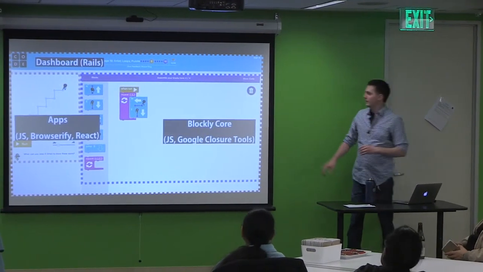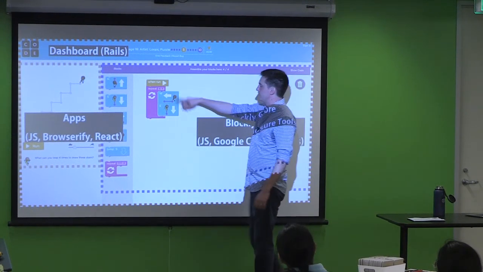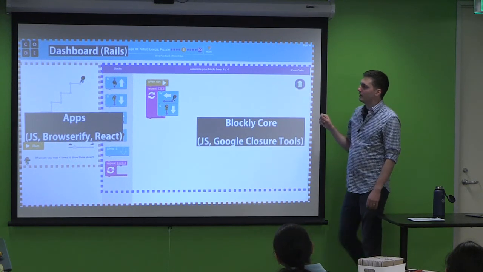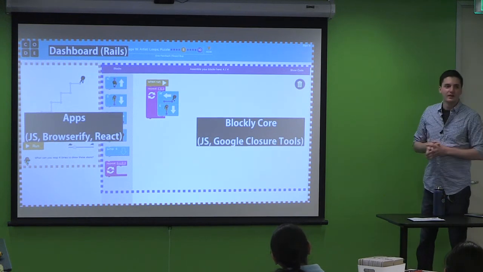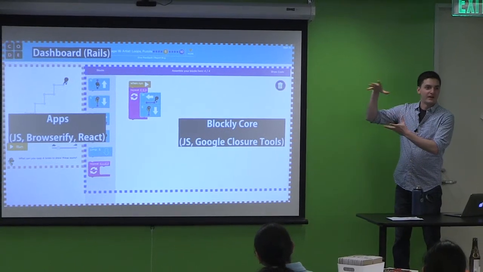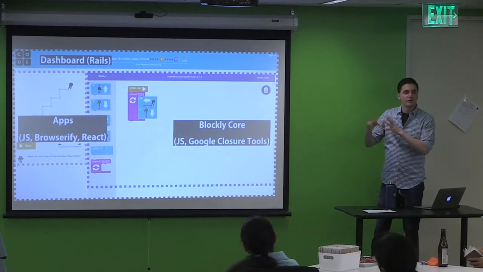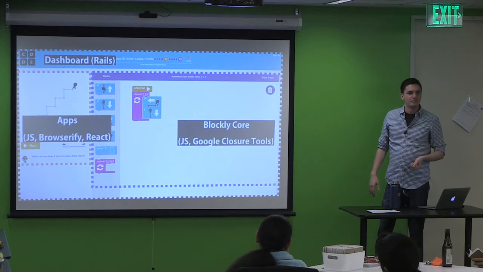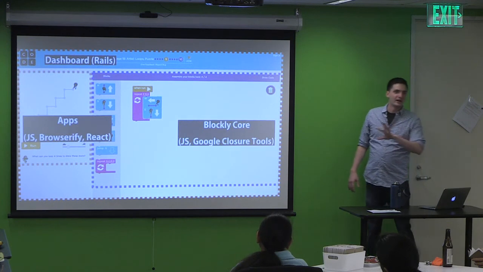So in this Blockly core area right here, where we test the actual dragging and dropping of blocks, we have a set of tests that are kind of integration tests, in that it's like create a new block space, add a bunch of stuff to the block space, open up the function editor, and it actually opens it up in Phantom.js, and then close it, and that runs really quickly. I'd call that an integration test, not a UI test maybe, just because you're not seeing it, but it is running the UI and making sure that it all works.